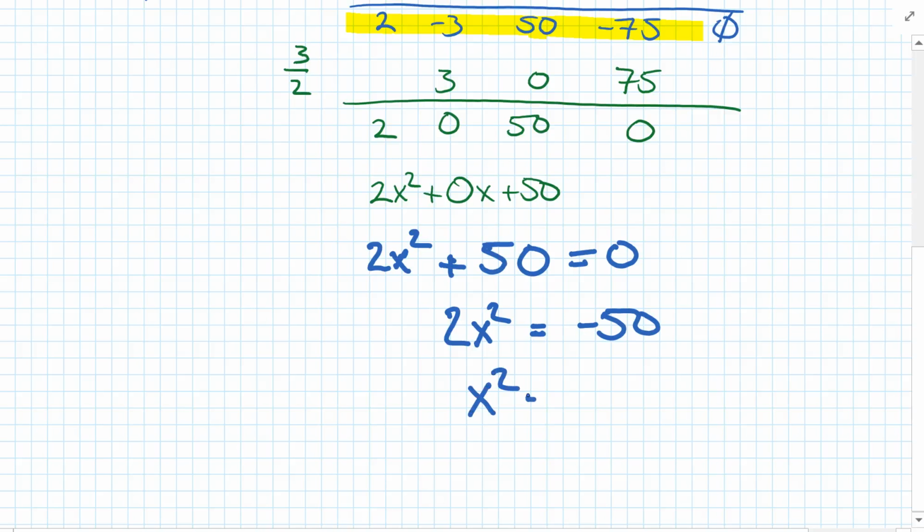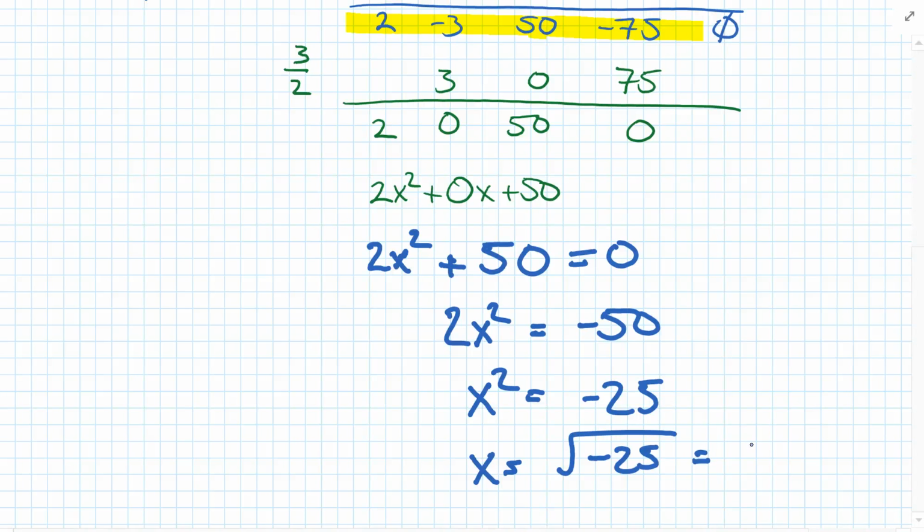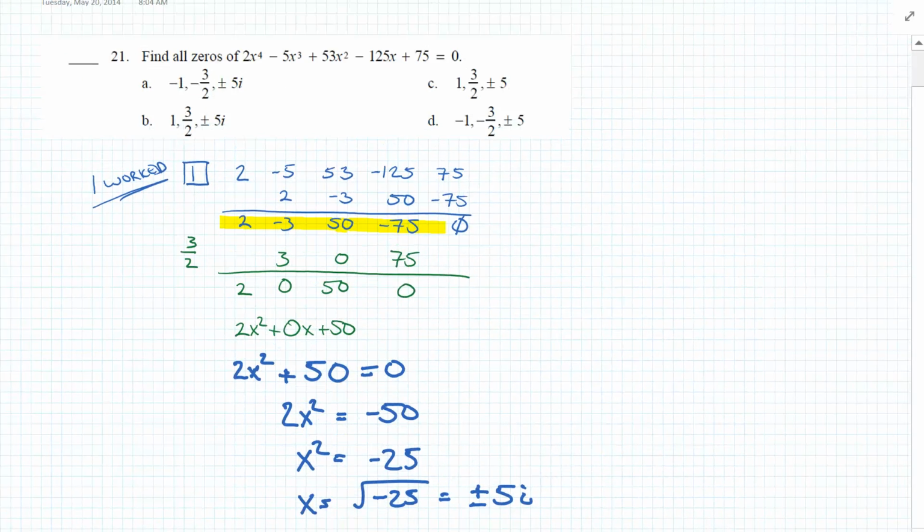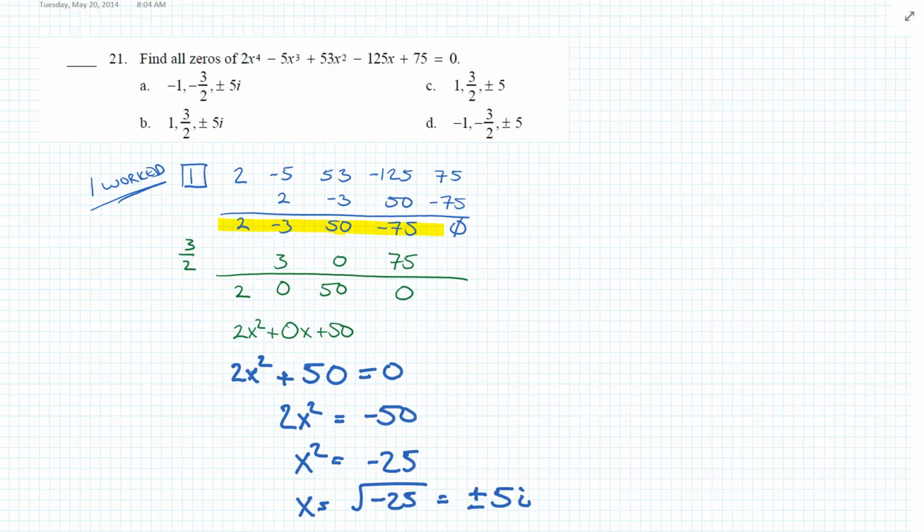So x squared equals negative 25. So x is the square root of negative 25, which is going to be plus or minus 5i. So my answer should be B. Again, the key is use the answers to find the rational roots.